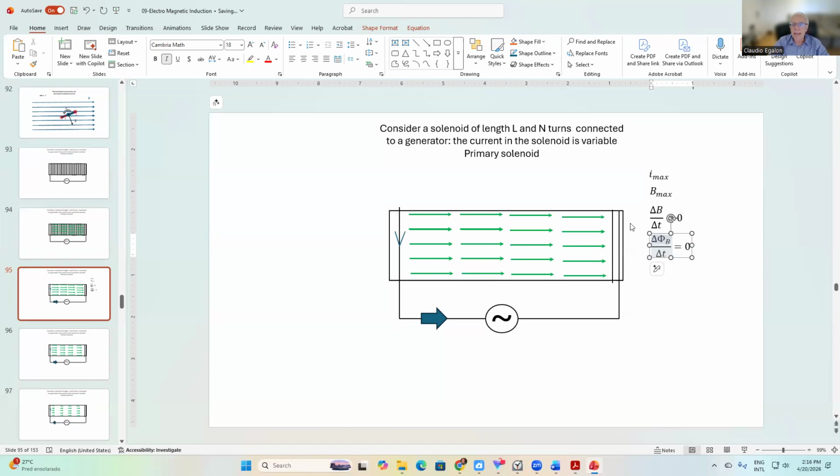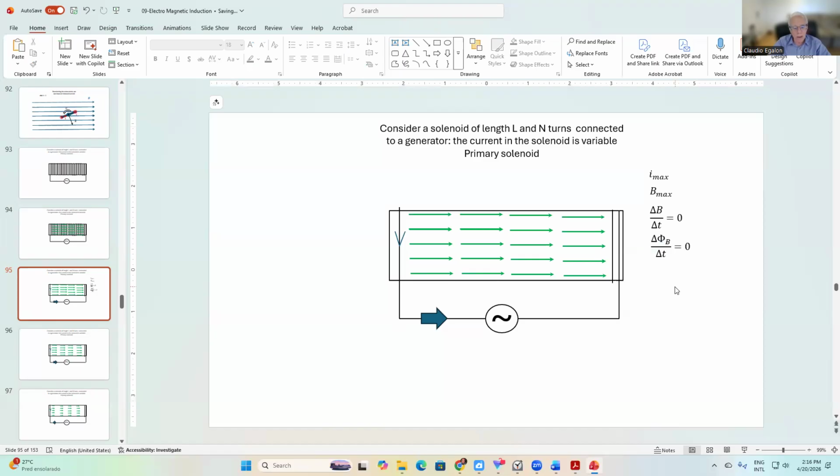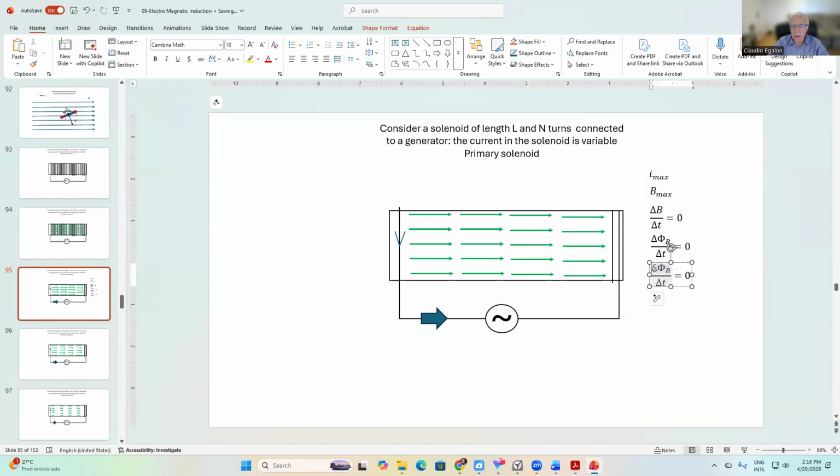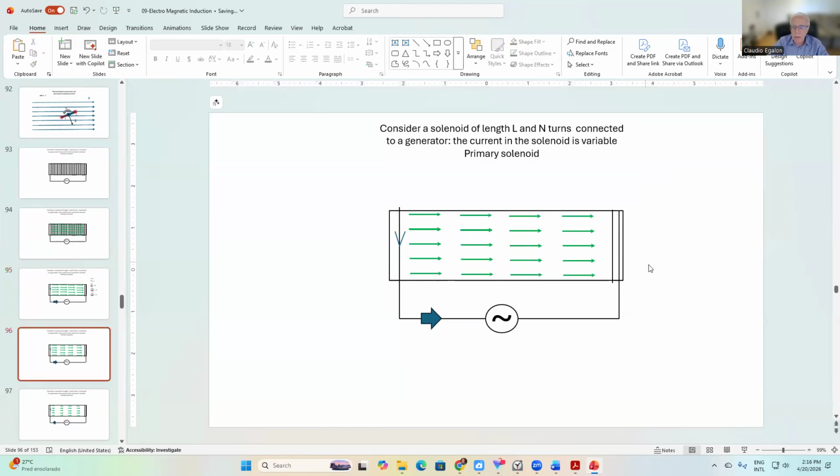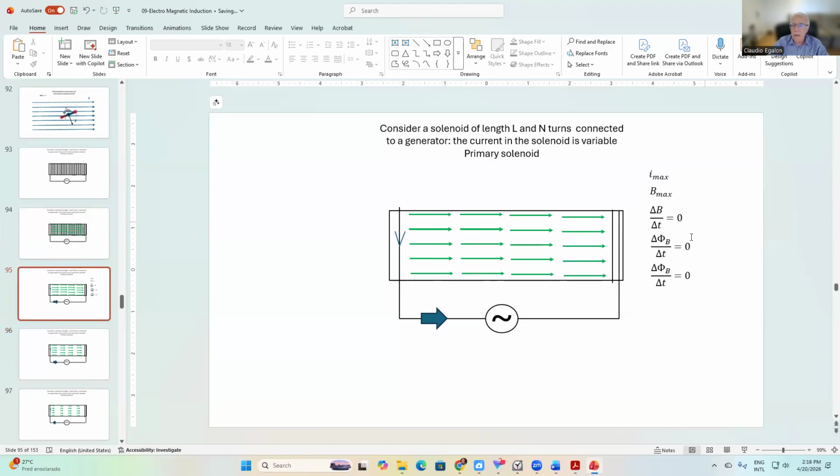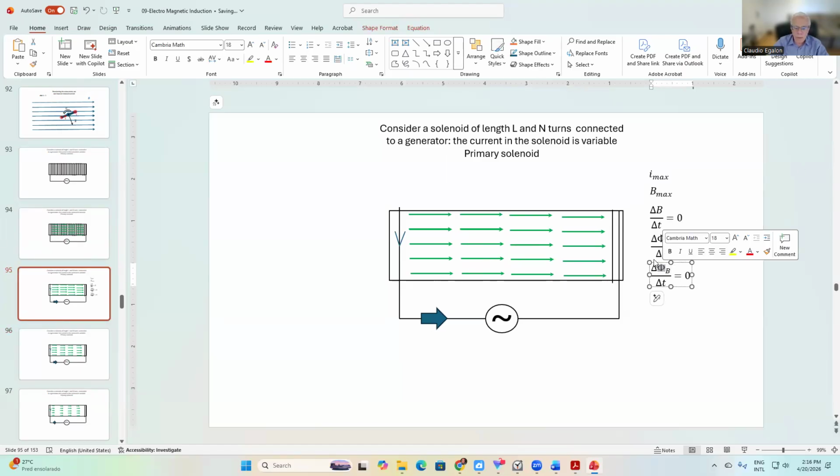If the change in magnetic flux is zero, according to Faraday's law, the induced voltage is going to be momentarily zero as well.